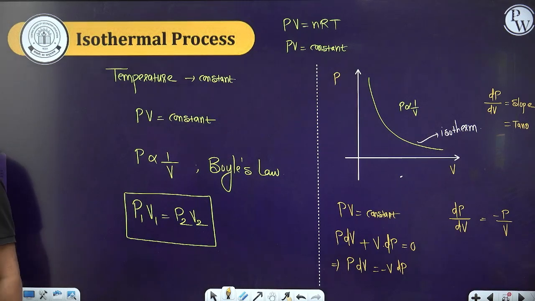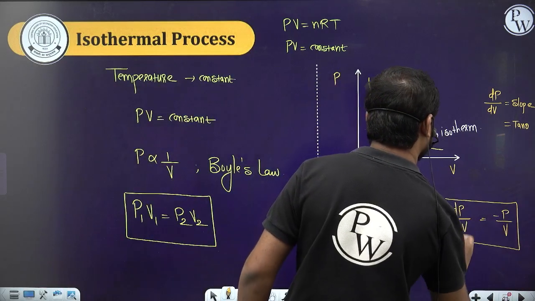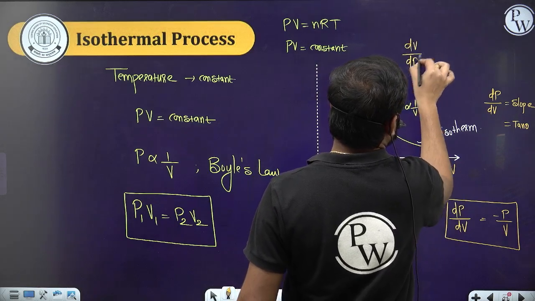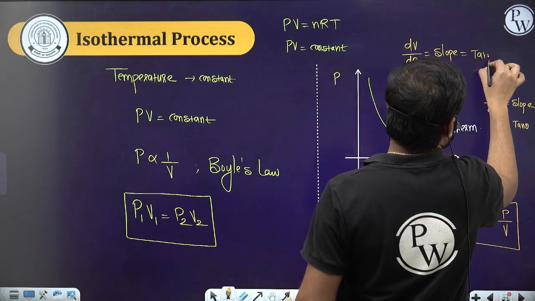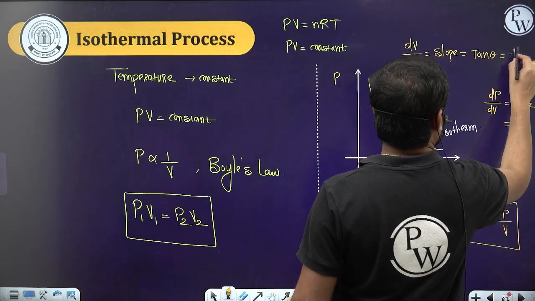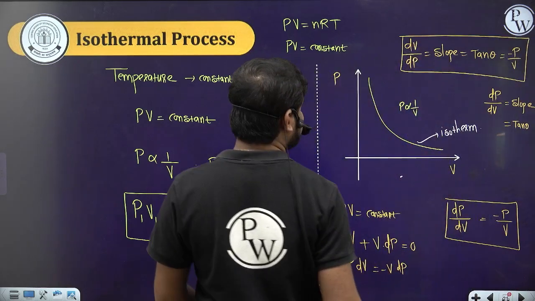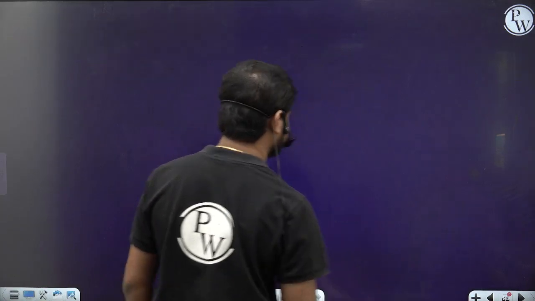Important. So the slope is equal to tan theta, which is equal to minus P by V. Done? So at constant temperature the P versus V curve is called the isotherm, as I mentioned earlier.